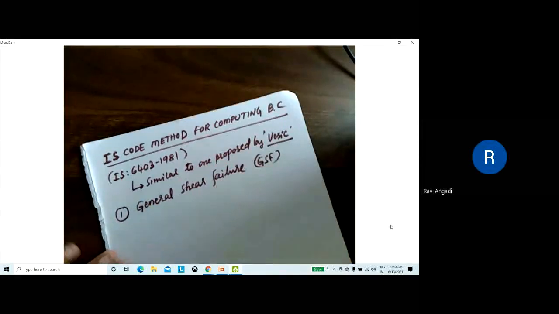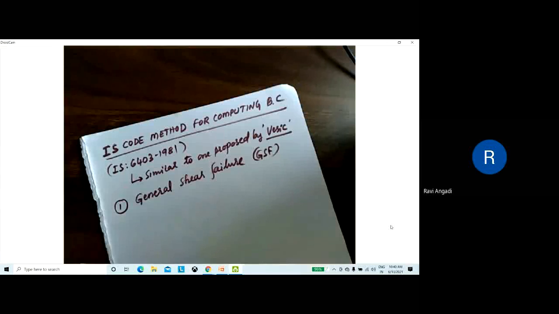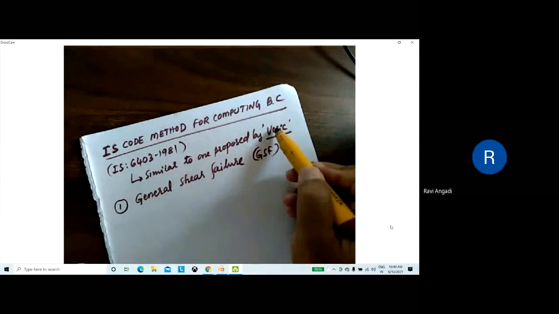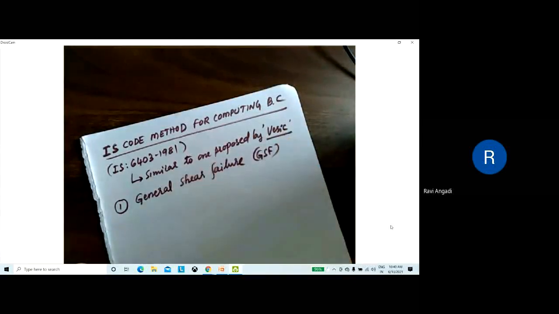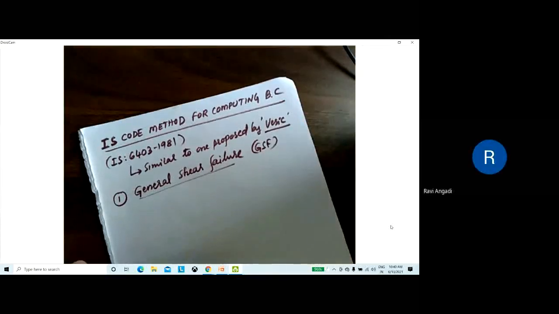What is the equation to be taken for general shear failure? It is again similar to the one given by Vesic. I hope you are all taking notes. Okay, note it down.